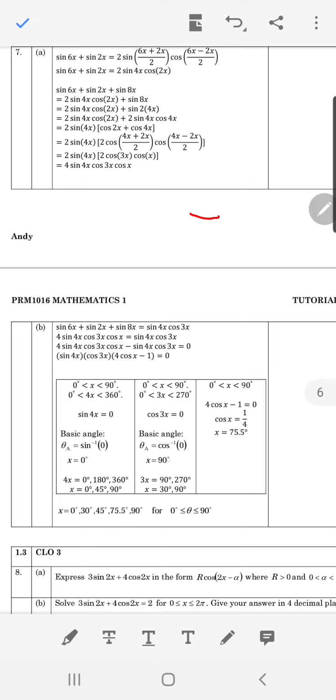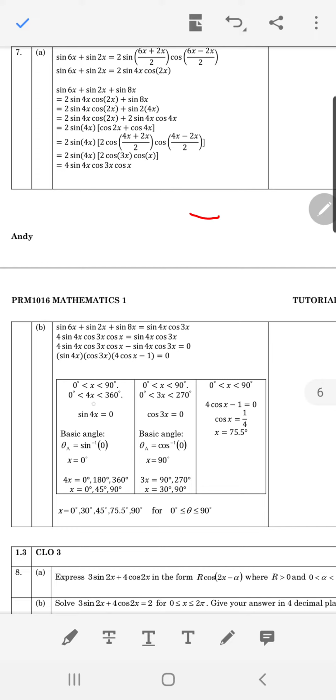For this one, you get two angles. For sin equals 0, you are able to get three angles, which are 0, 180 and 360. This one you can use the graph to determine.